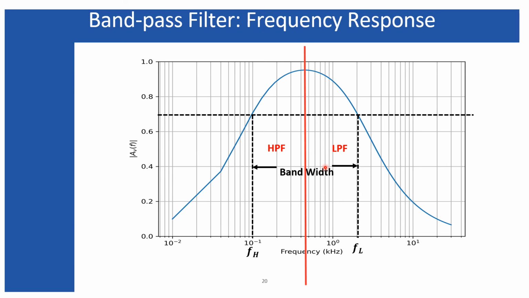Although in my previous slide I mentioned that R1C1 defines the higher cutoff frequency and R2C2 defines the lower cutoff frequency, in reality this is not exactly the case, because since R1 and R2 are present in the same circuit, a combination of R1 and R2 basically defines the lower and higher cutoff frequencies along with the values of C1 and C2.